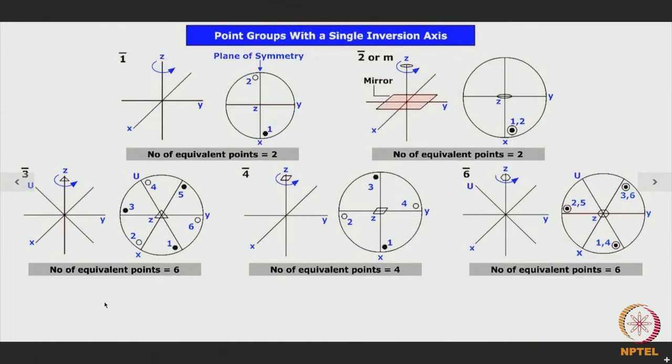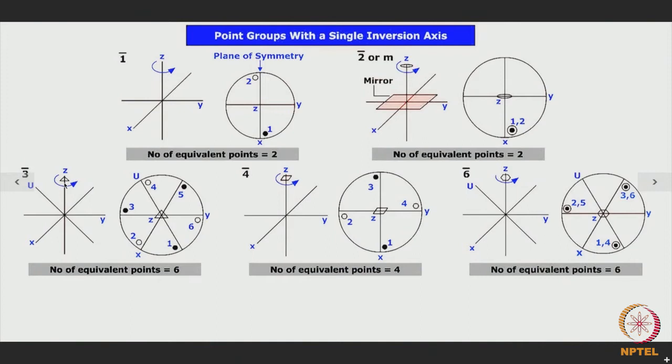Now, let us go to the three-fold inverter, bar 3, as shown here. Such roto-inversion axes are present in hexagonal symmetry. So, we have the x axis, the y axis and the u axis all in the same plane, and the z axis which is perpendicular to that plane.